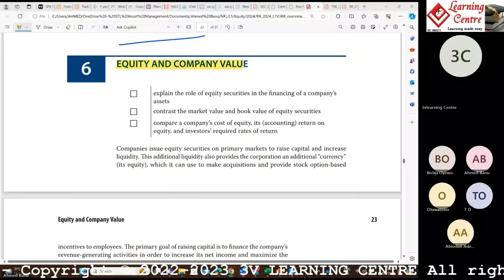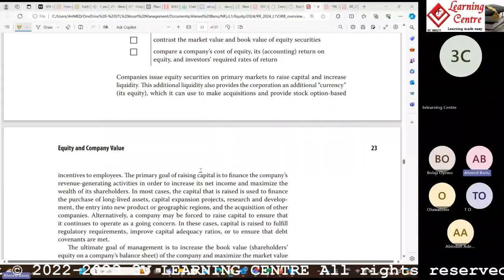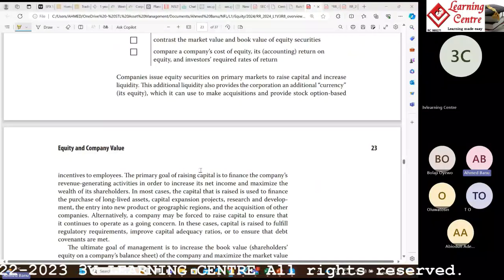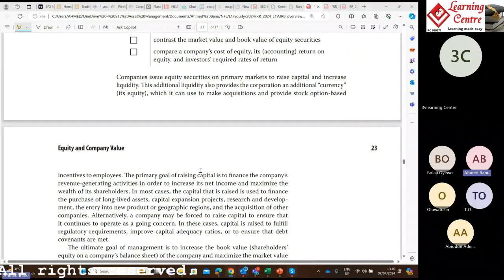Okay. So let's jump right into it. Companies issue equity securities on the primary market to raise capital and increase liquidity. I've said that earlier. I gave you the instance of the bank. What's the name of that bank again?